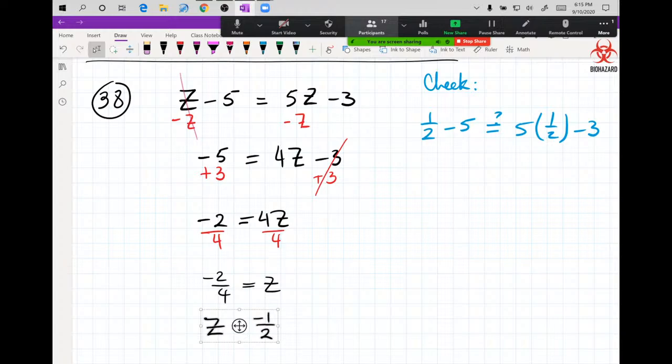Yes, you have to do the same thing on both sides.